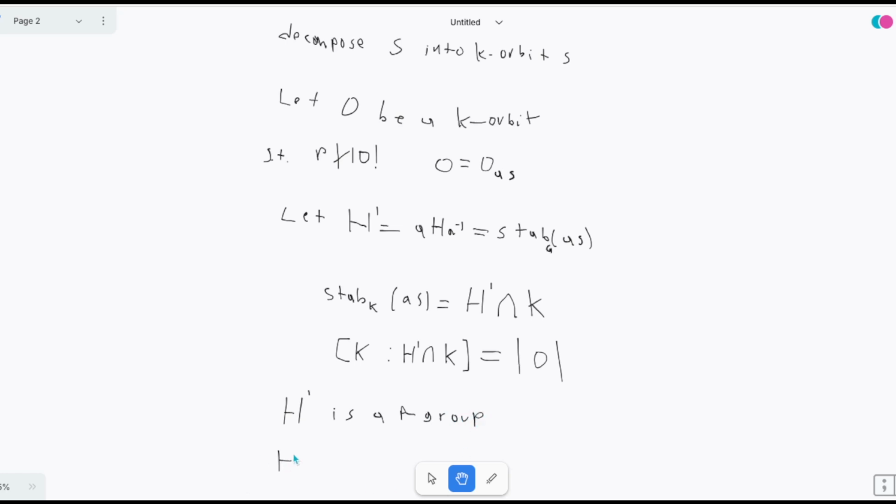So H prime intersect K is also a P group.